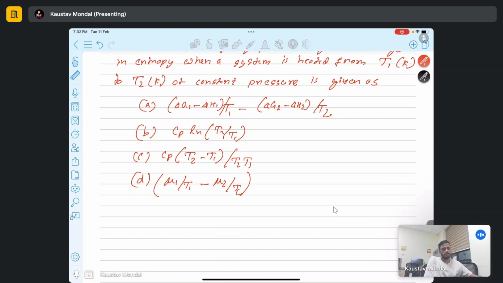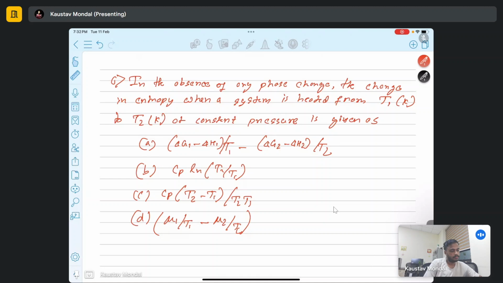Okay, so let's read the question once again. In the absence of any phase change, so there is no phase change happening here, the change in entropy when a system is heated from T1 to T2 at constant pressure is given as this.